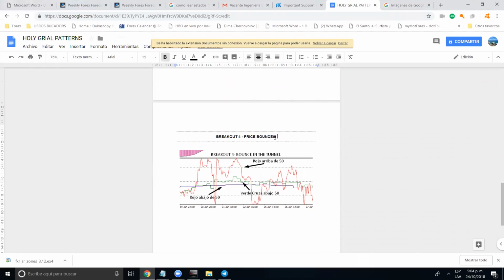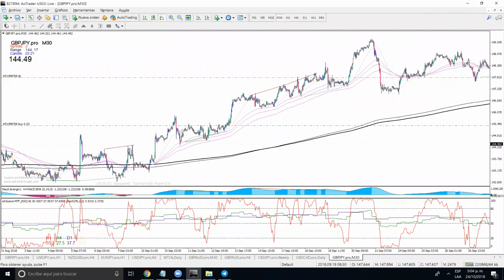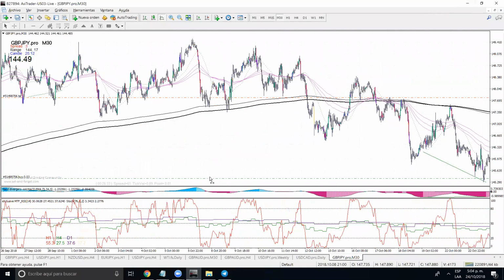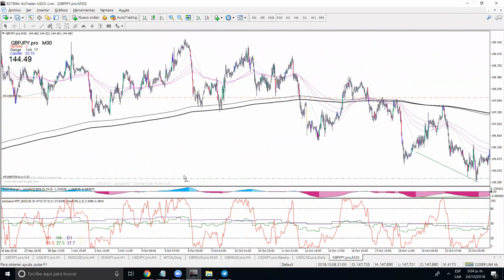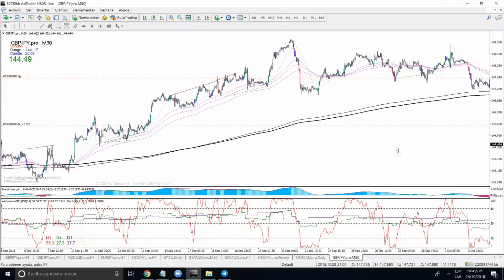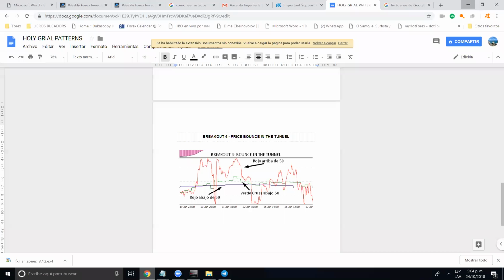And let's look for some examples of what the rules are. Okay, let's look for examples of those trades. Okay, let me find a good example with the price to the tunnel.